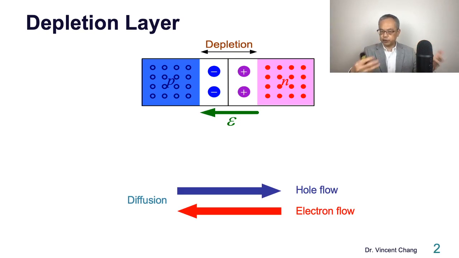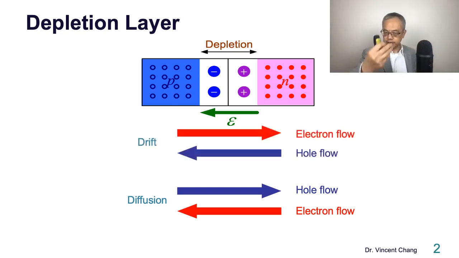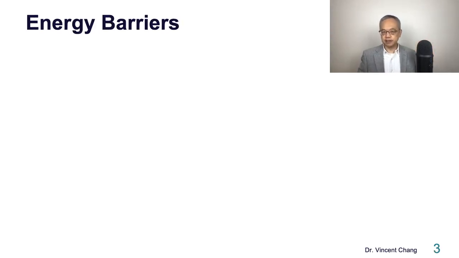Starting with the diffusion process, and then the electric field will be created across the junction, near the junction. And then because of the electric field, the drift mechanism will be induced. And then at thermal equilibrium condition, these two forces are going to balance, causing the net current to equal 0.